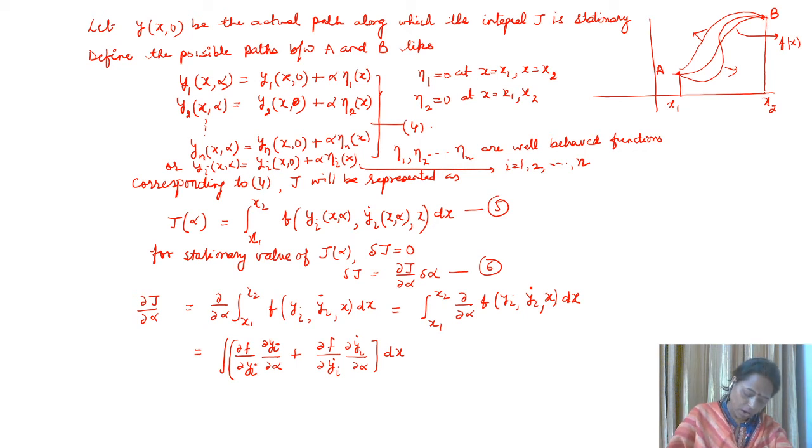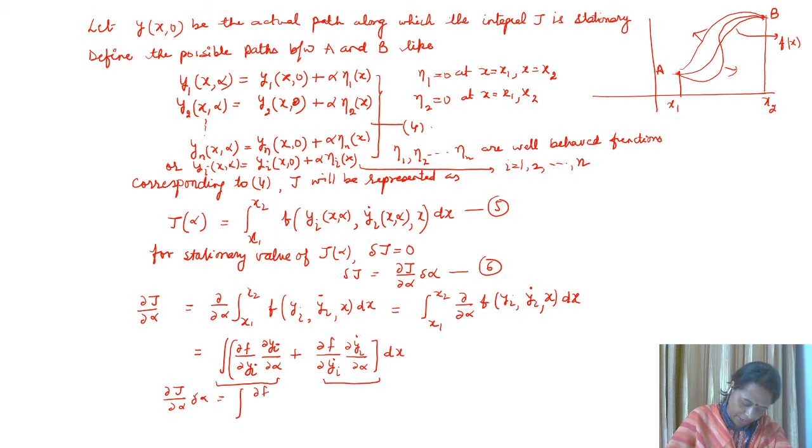So if I break it into two parts and calculate it in the same way as I calculated in the calculus of variation technique for a single variable, I'll get the same type of equation. First of all, I'll write delta J by delta alpha.